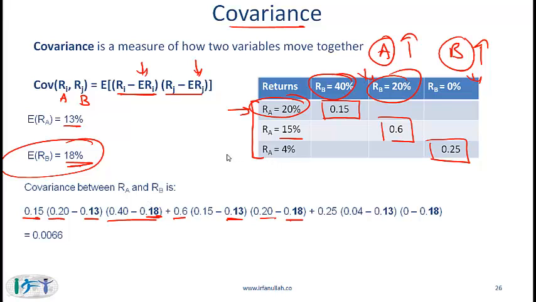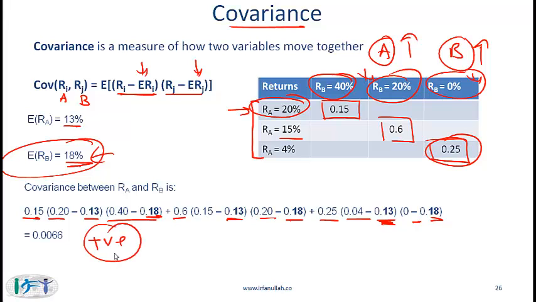And then in the third scenario, 0.25 probability, 0.04 is the return on A in this scenario minus the expected value of 0.13, and then 0 minus 0.18 for B. When you do this calculation, you come up with 0.0066. This is a positive number as we expected, which means that A and B move up and down together.